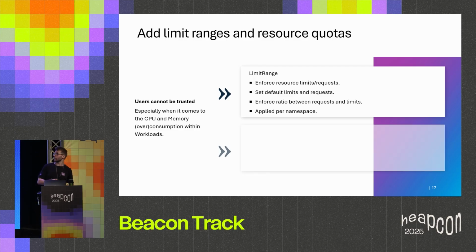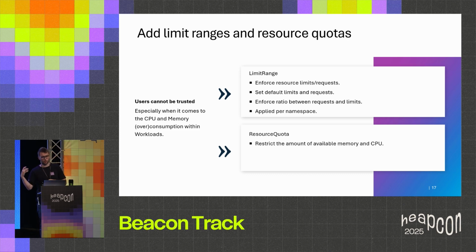On the other hand, we have resource quotas, and with those quotas, you can basically control how much resources your namespace can use, so we can restrict the amount of available memory and CPU. Both of these resources do not allow an application to start if something is off, and they are also applied per namespace.